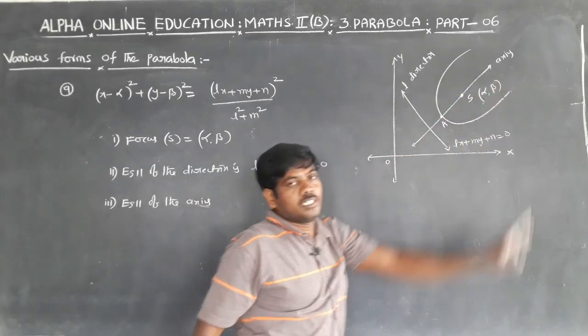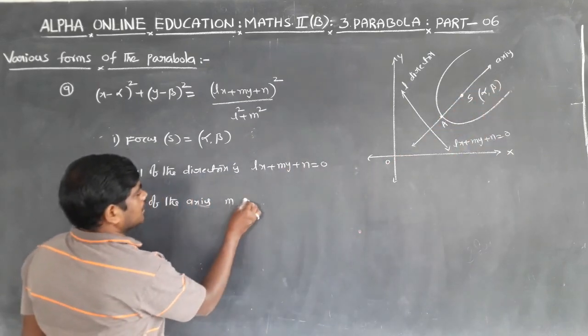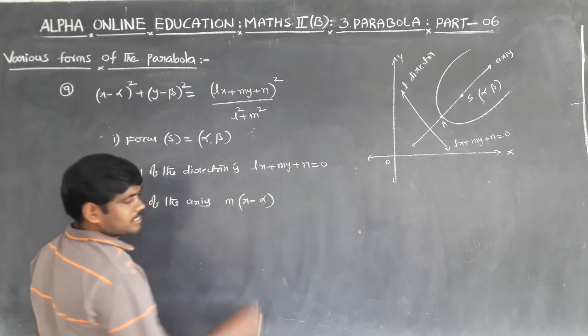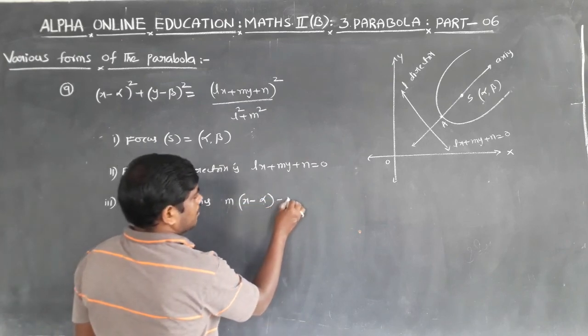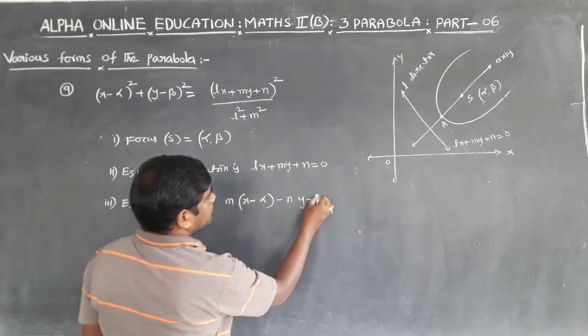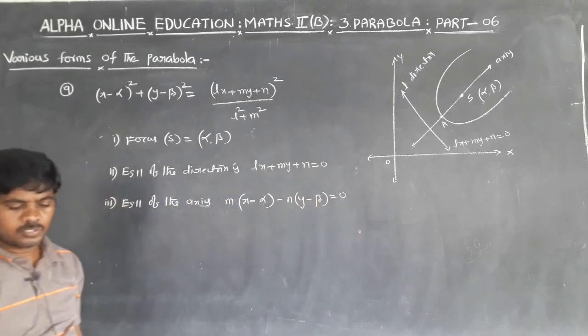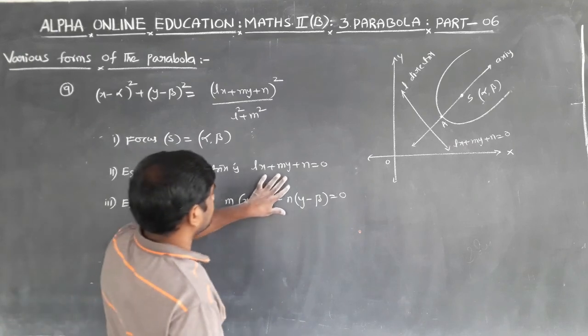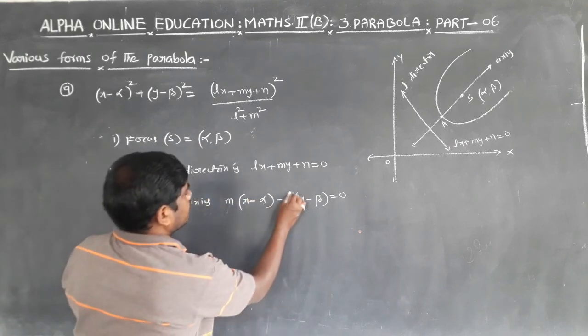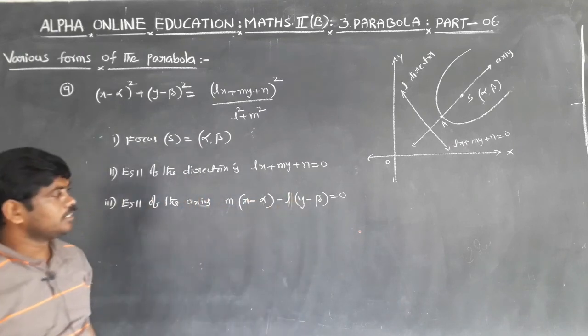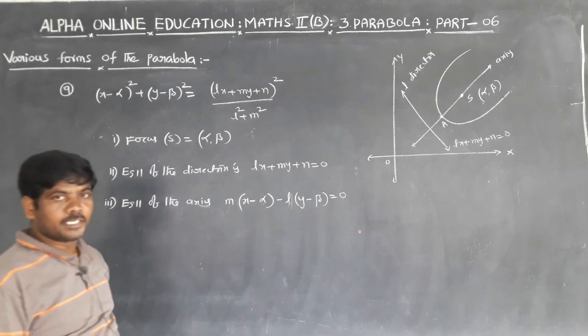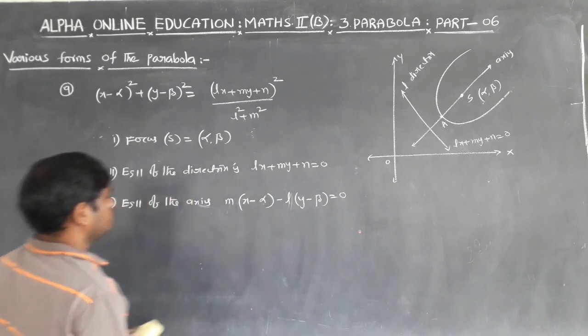Equation of the axis is m into x minus alpha minus l into y minus beta is equal to 0.